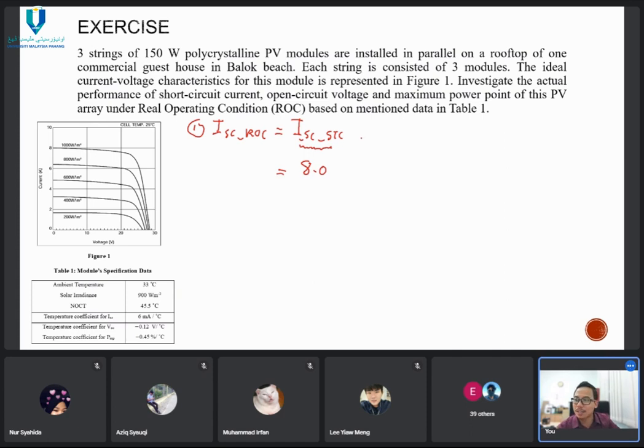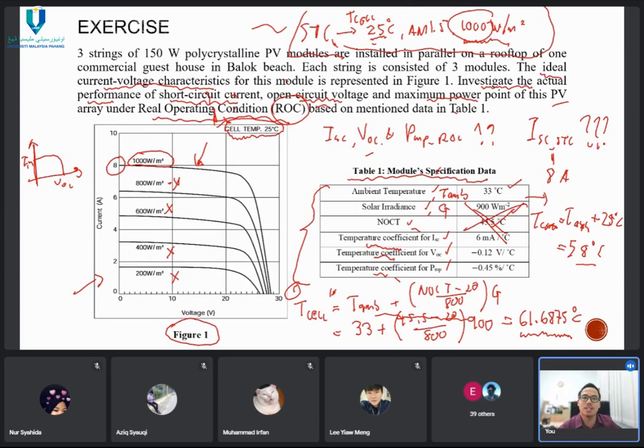What's next? The equation. We need to make sure which equation we are going to use. What is the clue here? We are looking for the temperature effect for ISC.